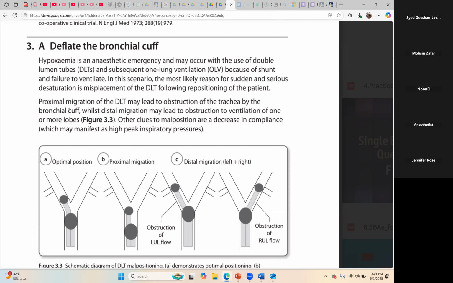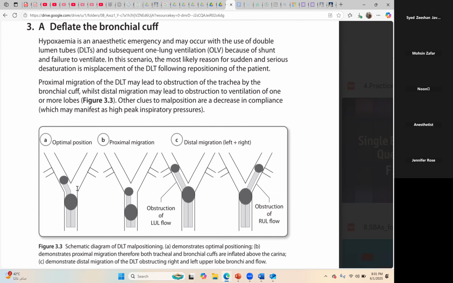Okay. Proximal migration, like the tube has come up. So the bronchial cuff is in the trachea, while distal migration may lead to obstruction to ventilation of one or more lobes. So this is the optimal position.